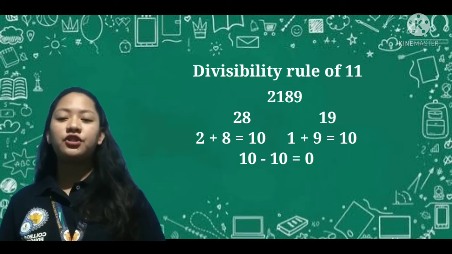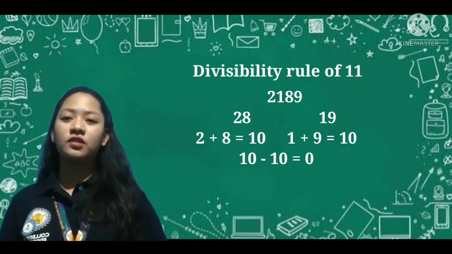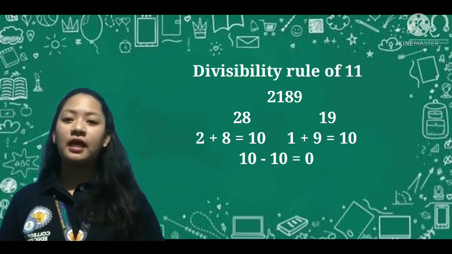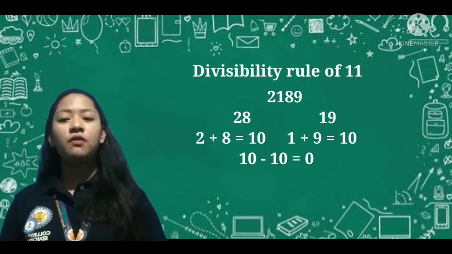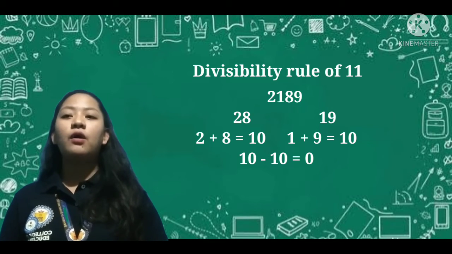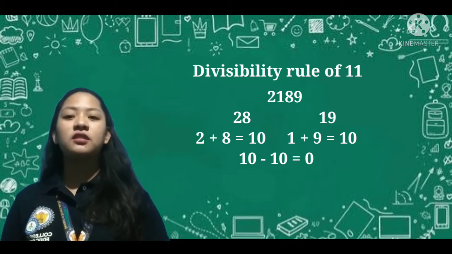Take the sum of each number. So 2 plus 8 equals 10 and 1 plus 9 equals 10. Now, the difference of those numbers, 10 minus 10 equals 0. And since 0 is divisible by 11, therefore 2,189 is divisible by 11.